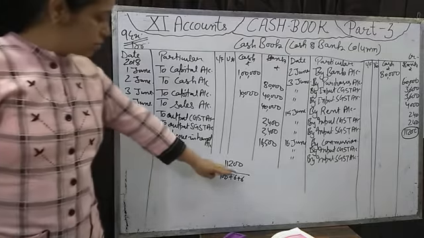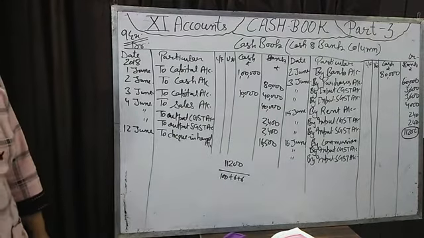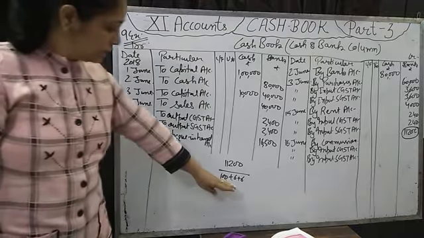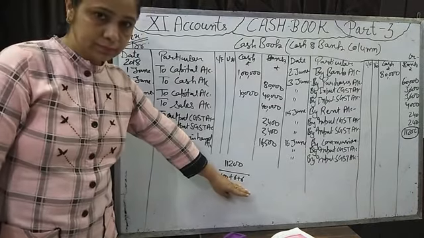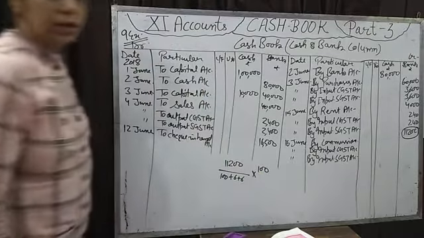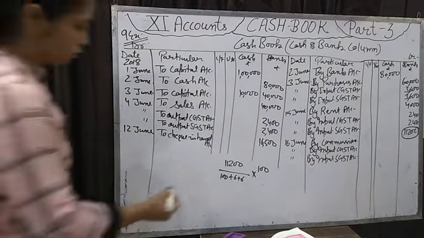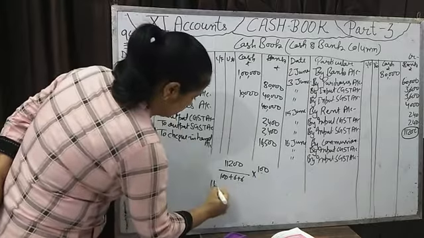So this amount is equal to 112%. This amount is equal to all three. Then how much is the commission? 100%. Commission is 100%, and 6% is charged on it. So calculate the amount of commission.